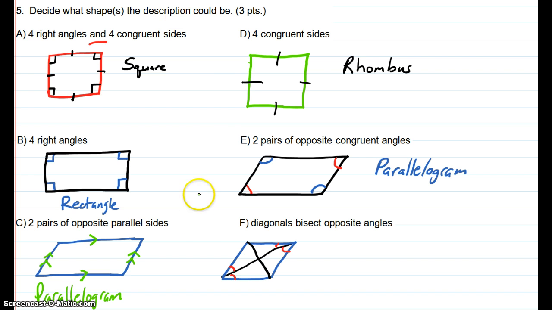And this isn't the best one to try to draw on this, but the only time that this is going to happen is if I have a rhombus. And again, since this is the only information I have, this is the only answer I can give. This is also true if I had a square, but I would need more information to think it's a square. So if the diagonals bisect the opposite angles, that shape is a rhombus.